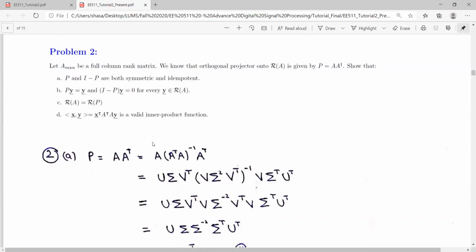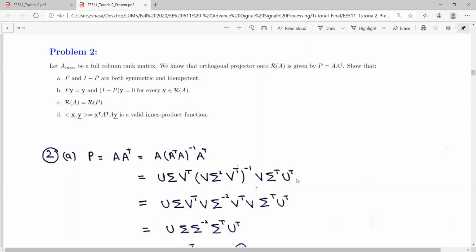Then I break down A into U sigma V transpose, and A transpose A is U sigma V transpose times its transpose, which is V sigma transpose U transpose. And since U is an orthogonal matrix, U transpose U turns out to be the identity matrix, and so this expression converts to this.